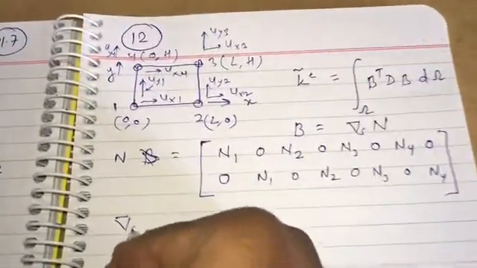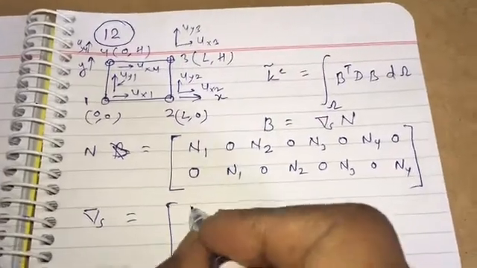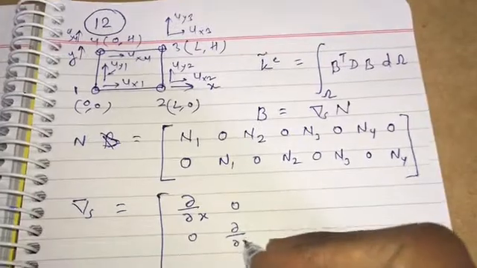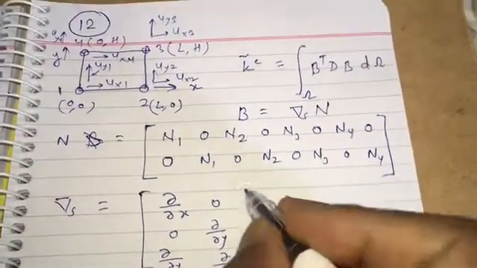Del S is given as del over del x, 0; 0, del over del y; del over del y, del over del x.